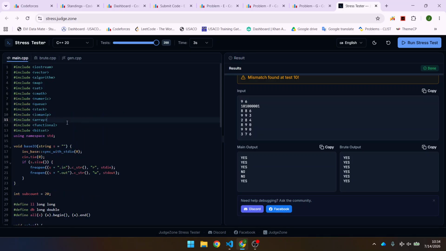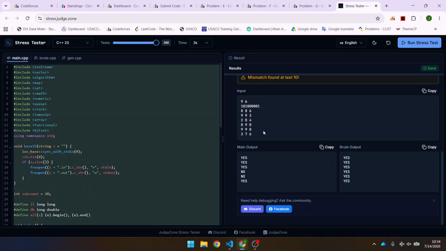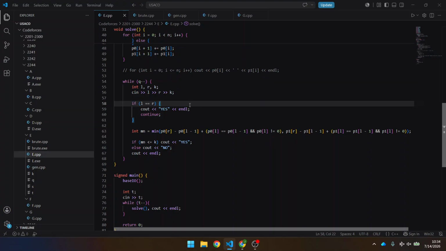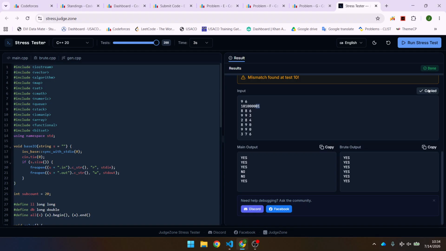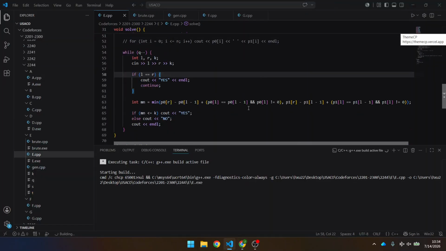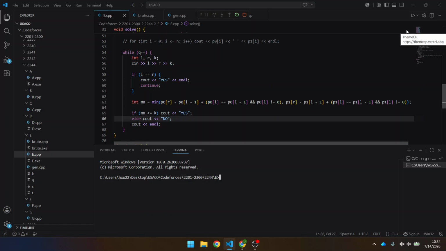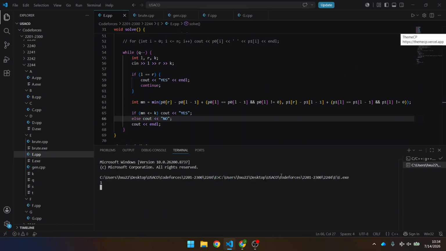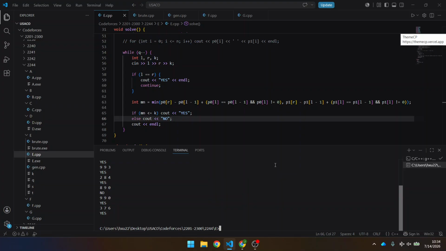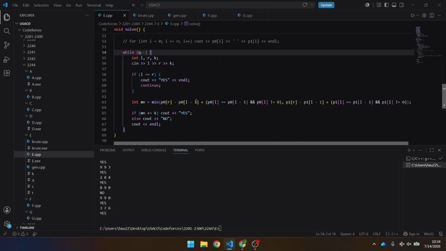I forgot to update, but 8, 9 should be correct. Okay. Output 0. 8, 9, and 0. What happened to 8, 9, 0?